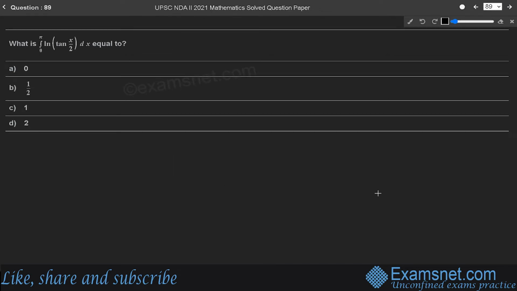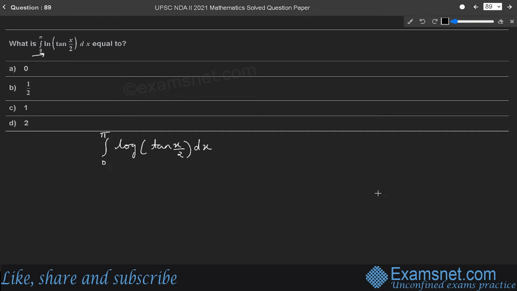Next question is, what is the integration of 0 to pi log tan x by 2 dx equal to? We have to find the value of the term. You can see that here the limits are 0 to pi, and the lower limit is 0.